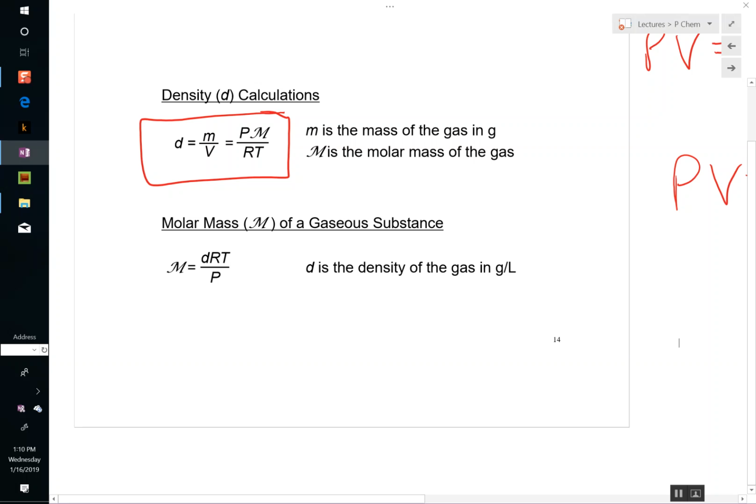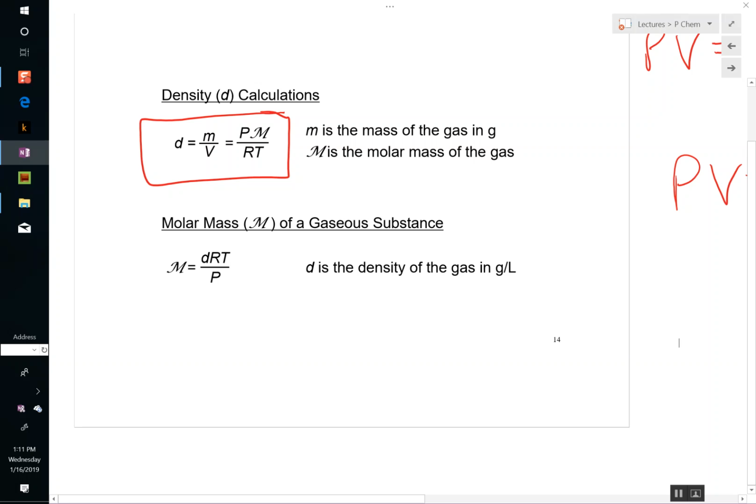Okay. So then we wanted d, so you just multiply that over and divide this over. So d equals P over M times RT.